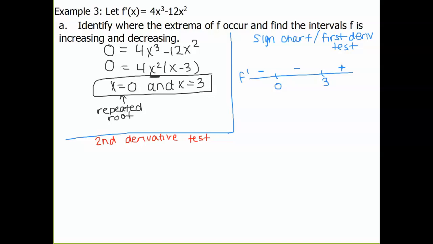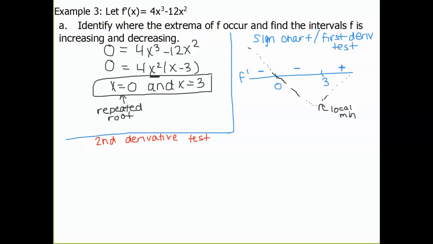So our original is kind of like decreasing, and then I'm going to do it in black. So it's decreasing, it has that blip, and then it's decreasing some more, and then it's increasing. So 3 would be a local min.